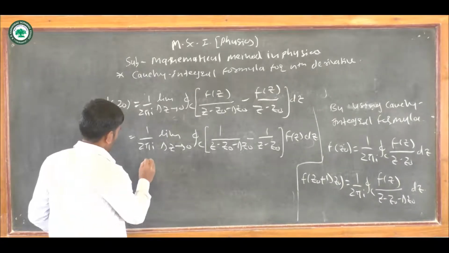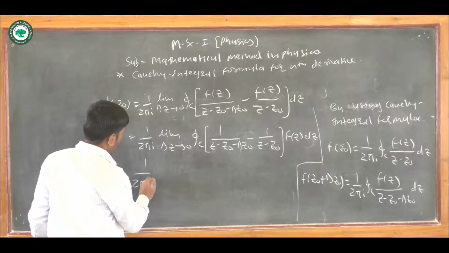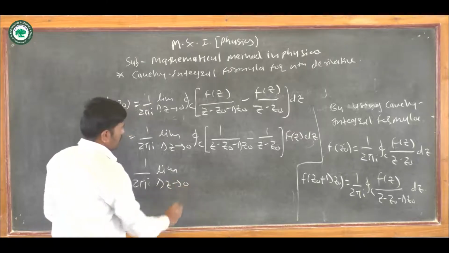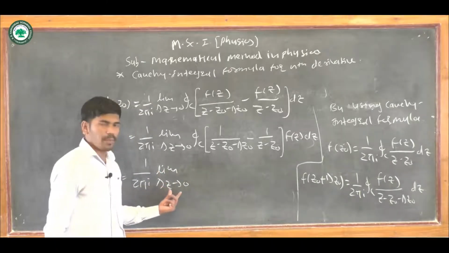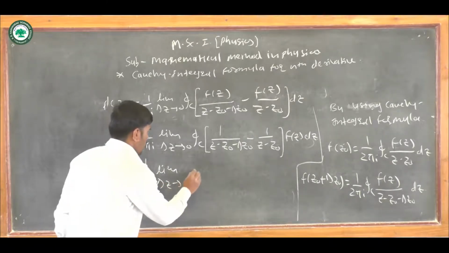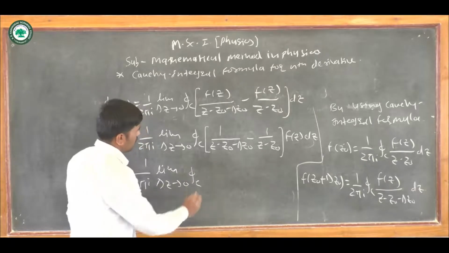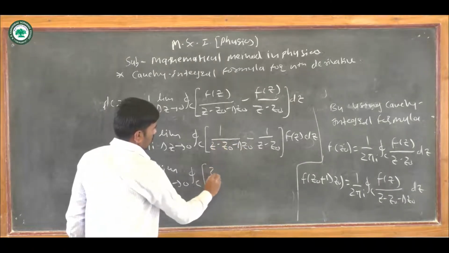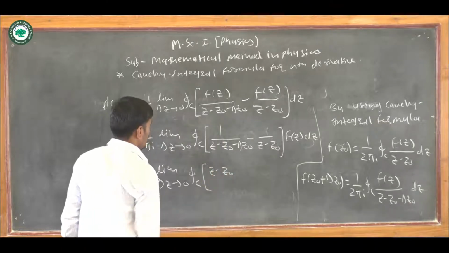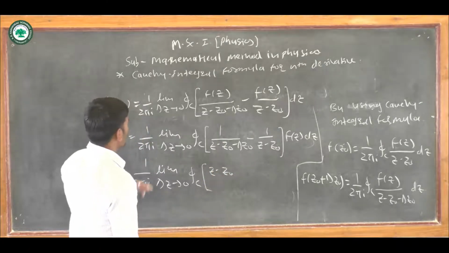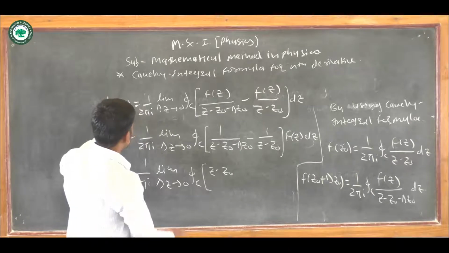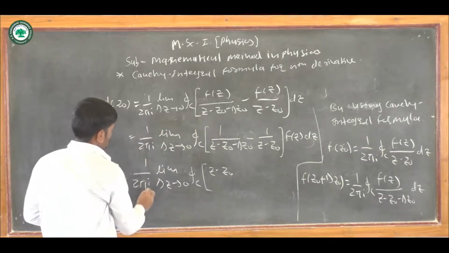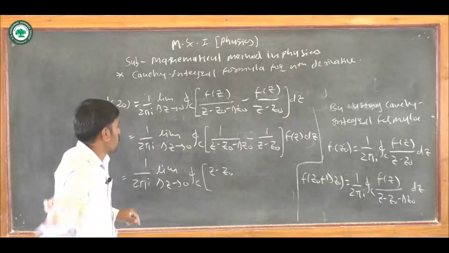So it is 1 by 2 pi iota, limit del z naught approaches 0, closed integral over C, so it is equal to z minus z naught. I think here we divide by del z naught by the definition.